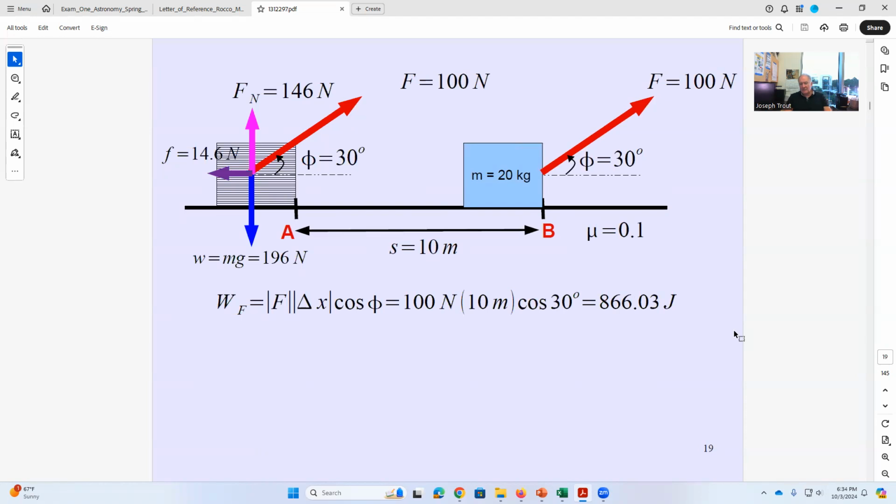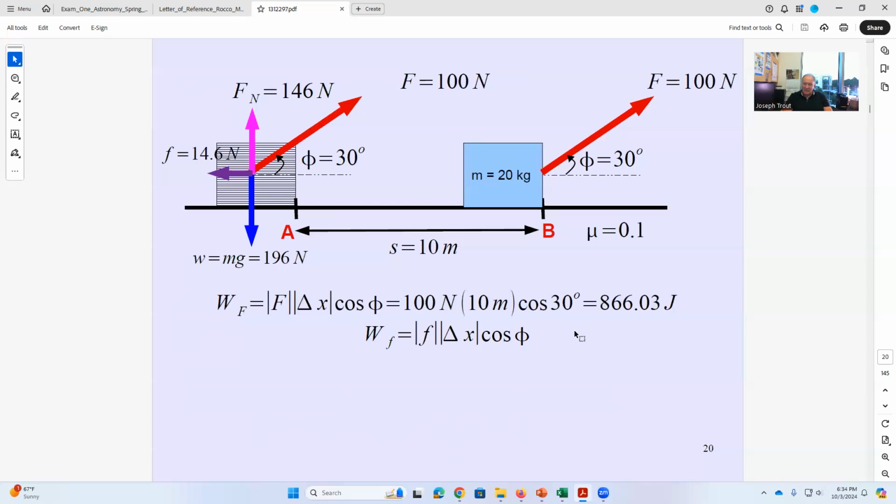So let's find the work done by each force. First, we have the work applied. So we have 100 newtons times 10 meters times the cosine of the angle between our displacement, which is along the x direction, and our force, which is 30 degrees. And we end up with 866.03 joules. Then we will look at the work done by the force of friction. Well, we said the force of friction was 14.6 newtons, and our displacement is 10 meters.